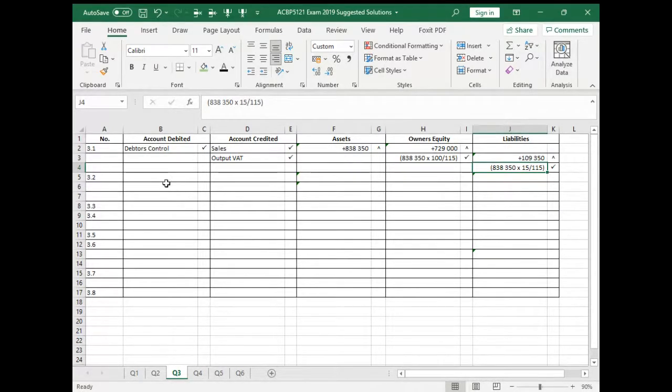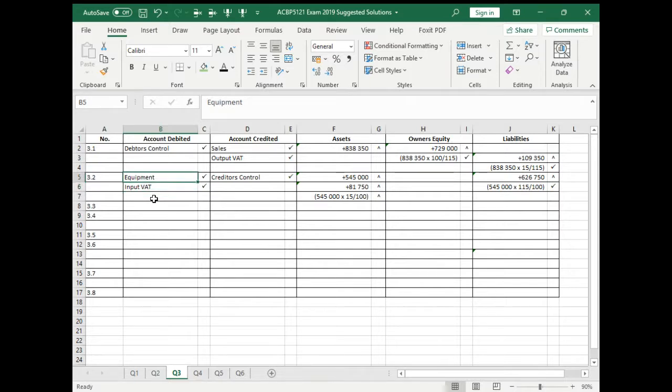Then transaction 2, where we purchased the equipment, we said equipment would increase. We bought it on credit, so creditors control would also increase, and then we would claim input VAT on that. So because they told you it's equipment, the account name is equipment, the input VAT that we would claim on that equipment.